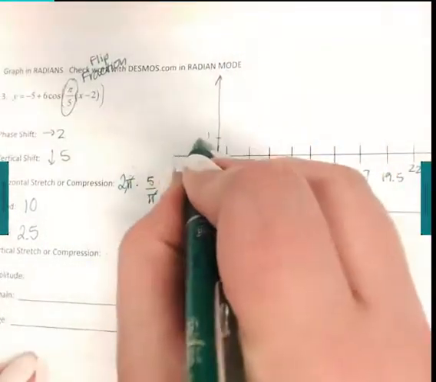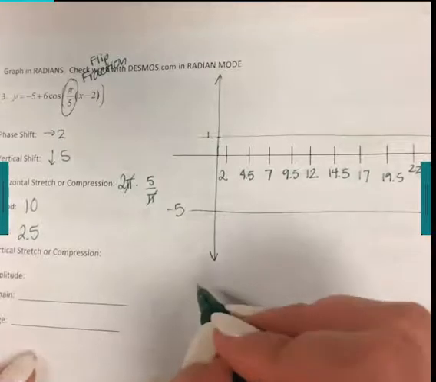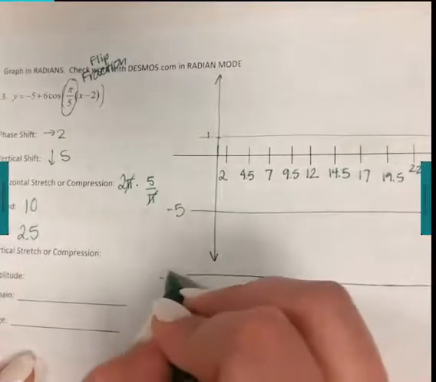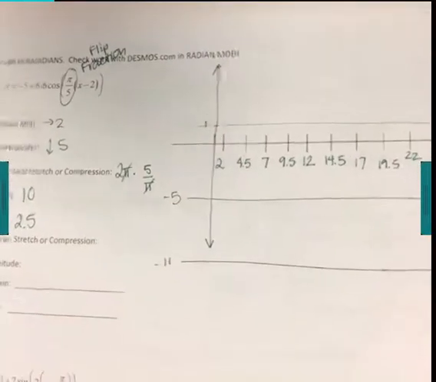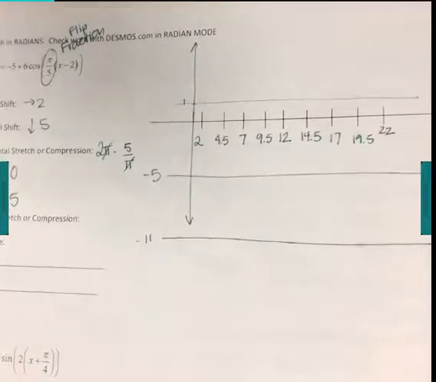And what if I go -5 and then I go down 6? -11. Okay, and then that gives me exactly what I need to type into the computer to see the graph. Even though really you should be able to do it without. So are we ready to switch to the computer? Okay, go ahead and start typing it in.